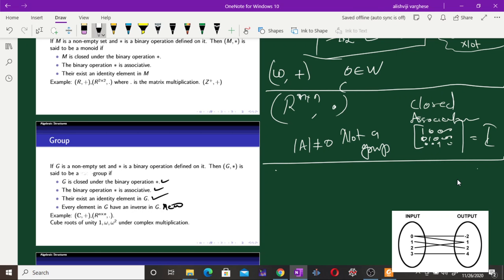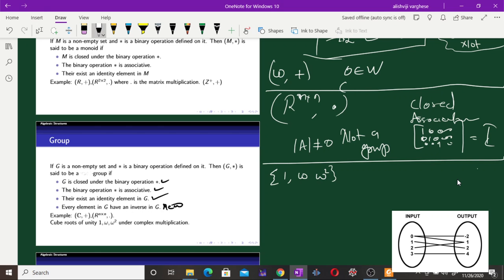Consider the set of cube roots of unity, usually denoted by 1, omega and omega square. So we have three cube roots of unity. One cube root is 1, and the other two are complex cube roots, omega and omega square.